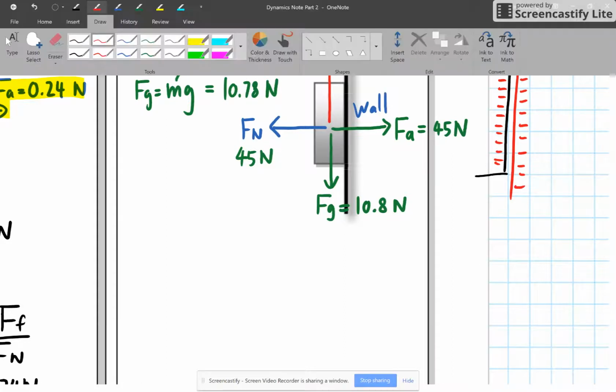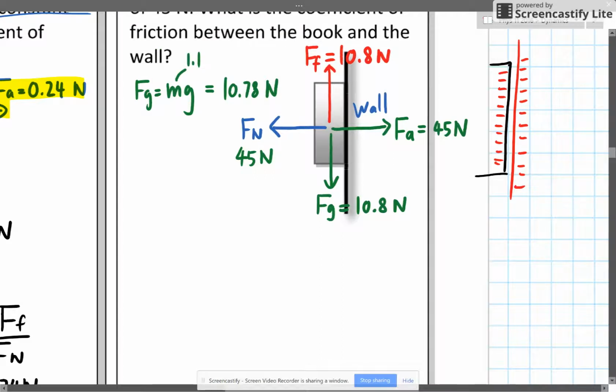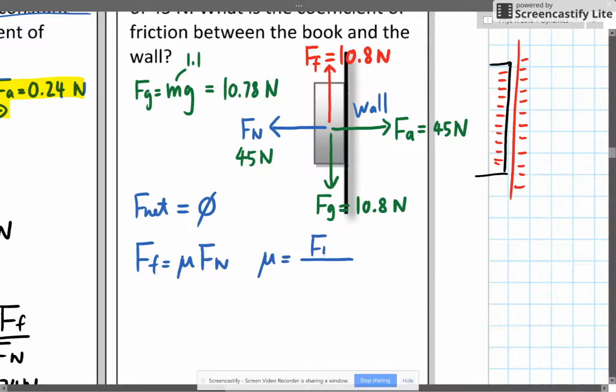Therefore, in the situation where everything balances out, net force must be 0 because no one is moving. All the battles are completely balanced. And remember, we can use friction equals mu Fn, solving that equation for mu, which gives friction over normal force.